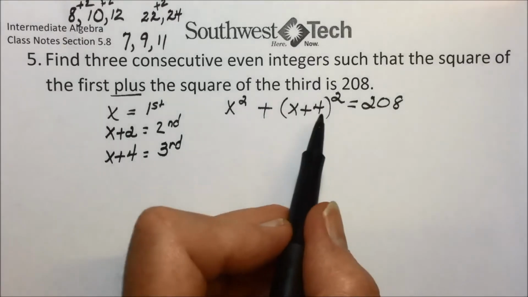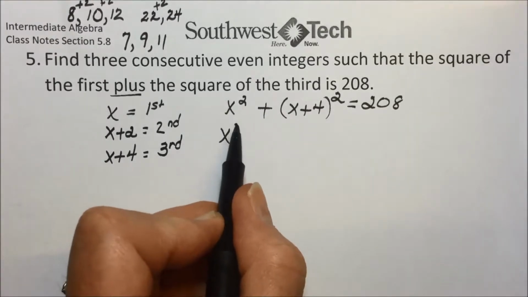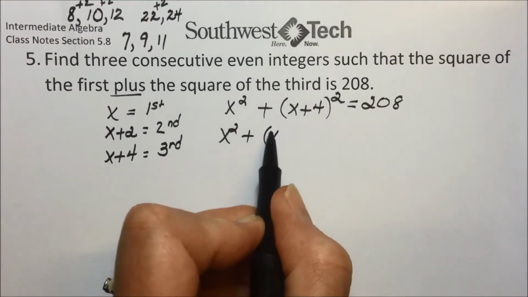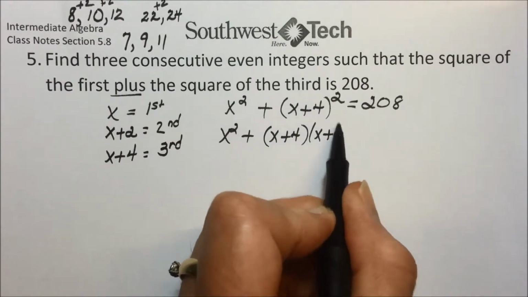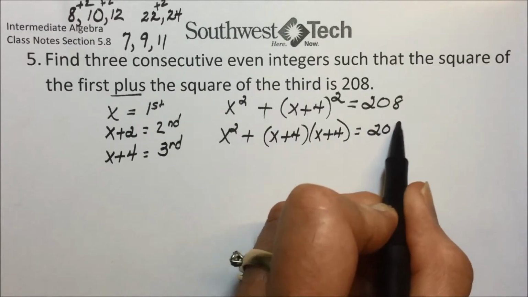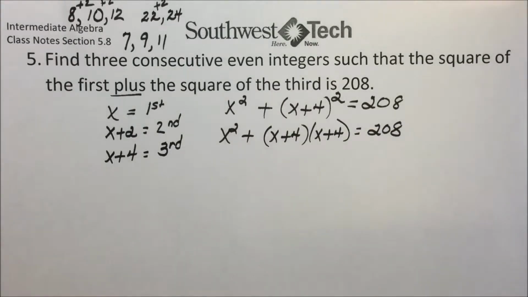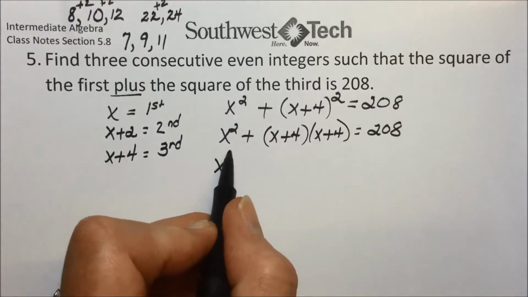To simplify, we are going to do a multiplication here. The binomial squared actually means x plus 4 times x plus 4. You can use the FOIL method to multiply this out, or if you know the shortcut of squaring the first term, squaring the second, multiplying the two together and doubling it, ultimately we'll get the same result.